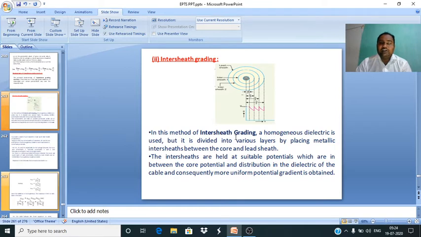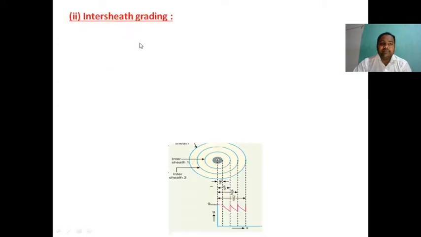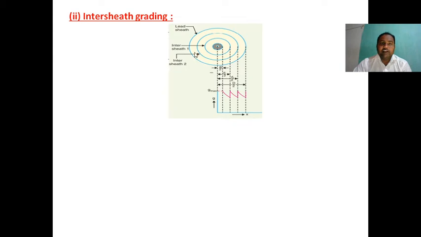Now we discussed intersheath grading. This is a diagram for intersheath grading. This is a distance x. Whenever the distance x increases, the potential distribution decreases.